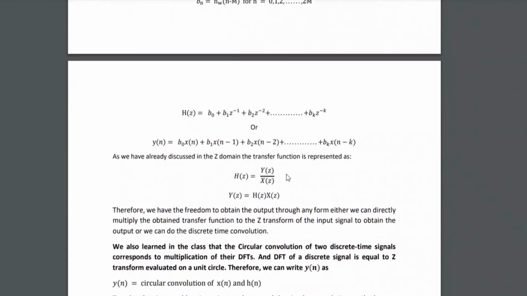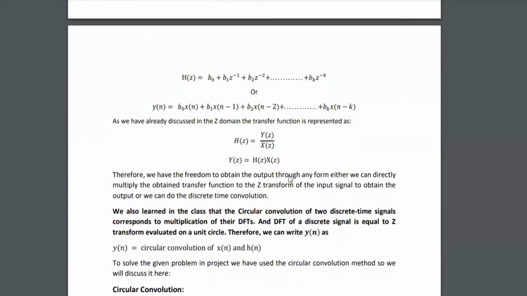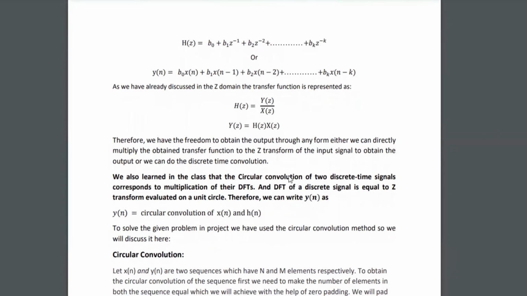As we've already discussed, in the Z domain the transfer function is represented as Y(z) equals H(z) into X(z). Therefore, we have the freedom to obtain the output through any form. Either we can directly multiply the obtained transfer function with the Z transform of the input signal to obtain the output, or we can do the discrete time convolution.